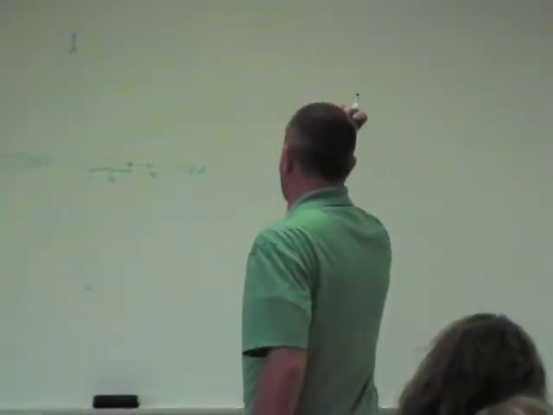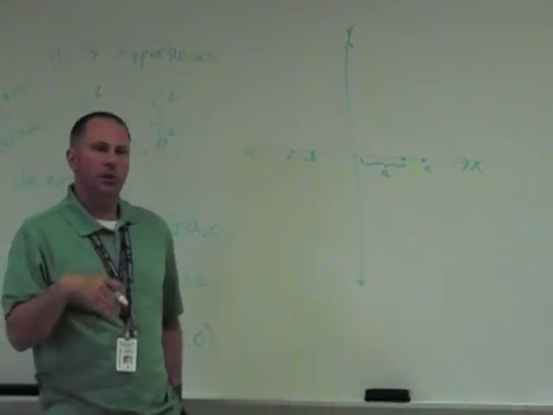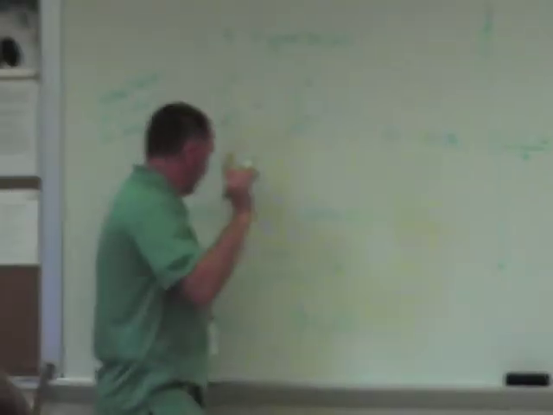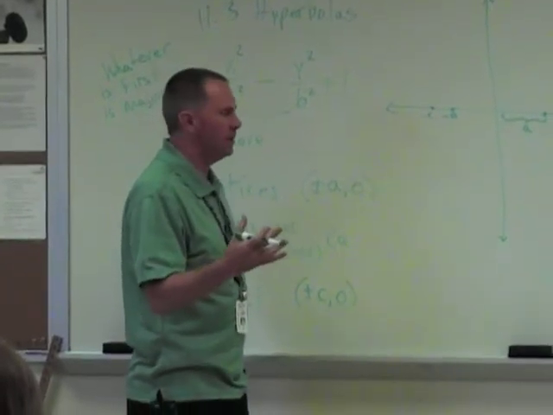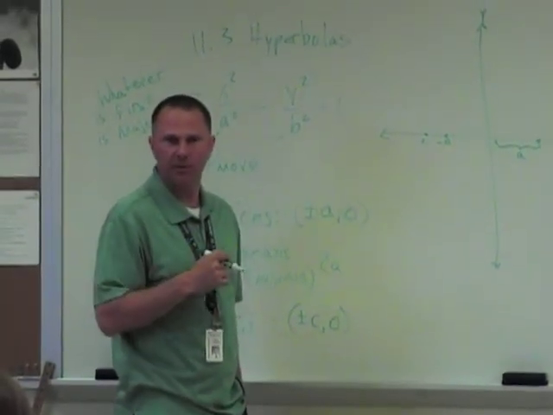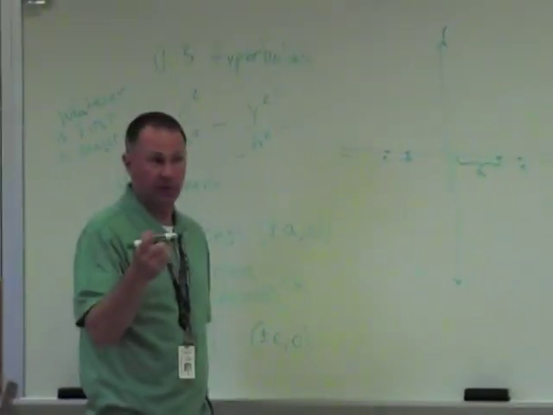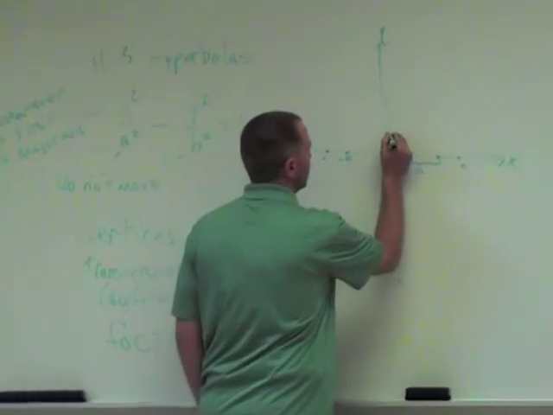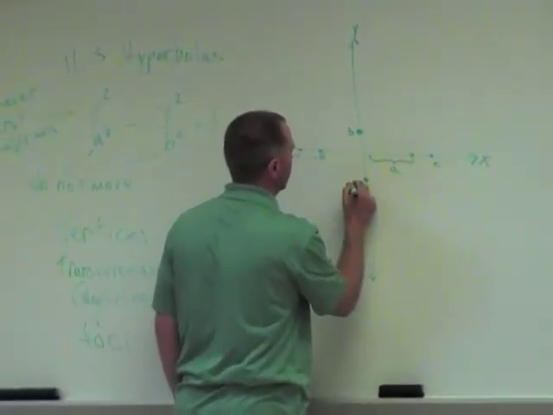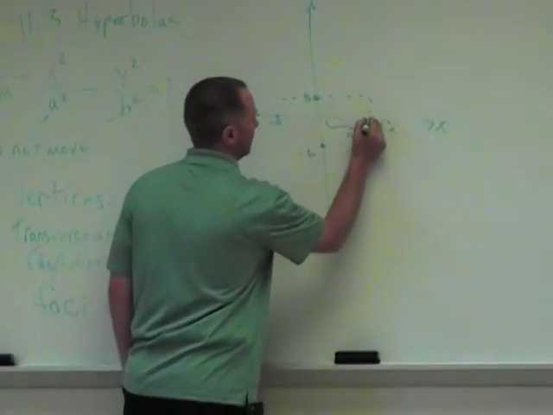Okay, so let's take a look at this. If you remember from Algebra 2, your hyperbolas had two asymptotes. Before I get to that, what is b? What did we learn b was in the ellipses? It's on the opposite axis, and that gave us our minor vertices. So if we say this is b here, put b there and b here, negative b. In Algebra 2, you should have drawn a nice little box.